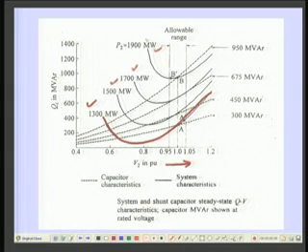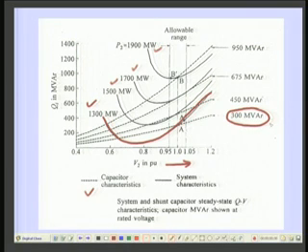Now, on the same graph, we are plotting the characteristic of the capacitors, that is the reactive power injected by a fixed capacitor. Here, what has been considered is a capacitor whose value is say 300 MVAR. It means we have assumed a capacitor which can supply a reactive power of 300 MVAR when the voltage is 1 per unit, right.